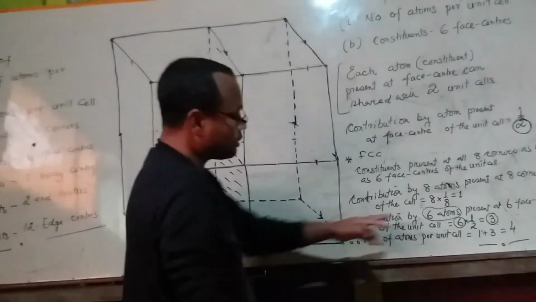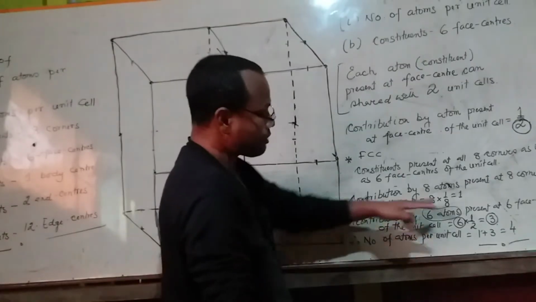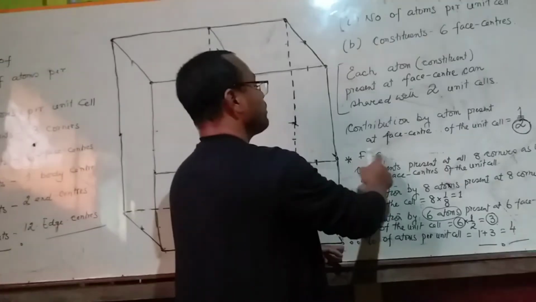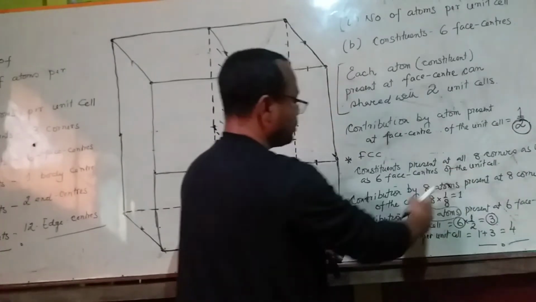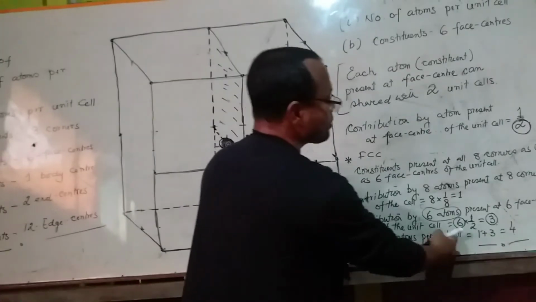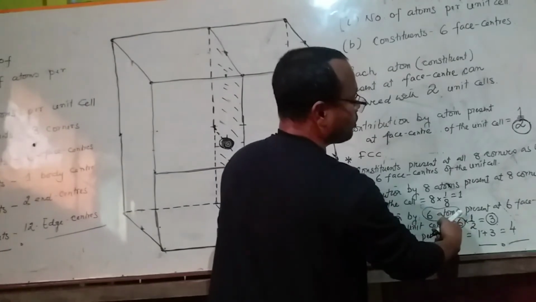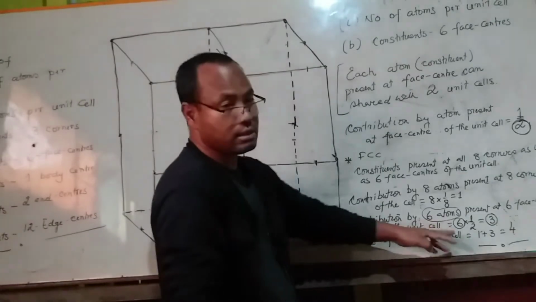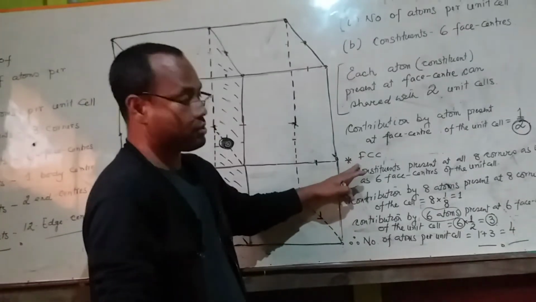So 3 is the number of atoms present at the face center. So in FCC, constituents are present at the corners as well as the face center. We add the number of atoms per unit cell: this 1 from the corner, this 3 from the face center. Therefore 1 plus 3 is equal to 4. That is the number of atoms per unit cell in FCC.